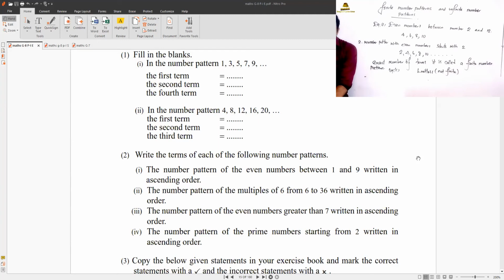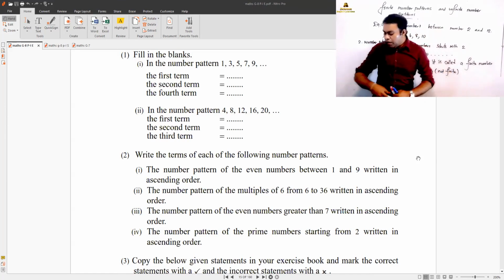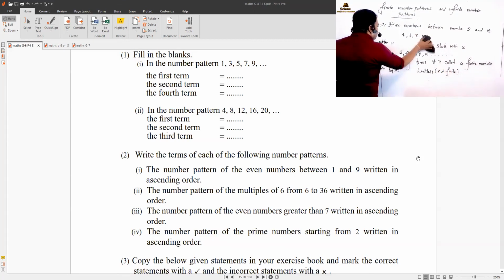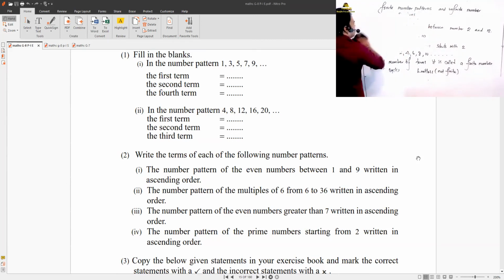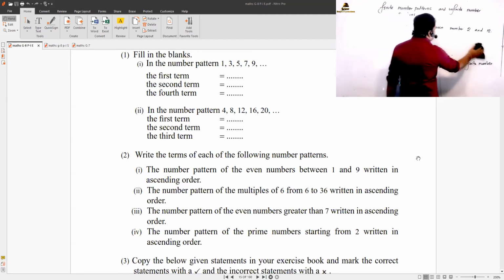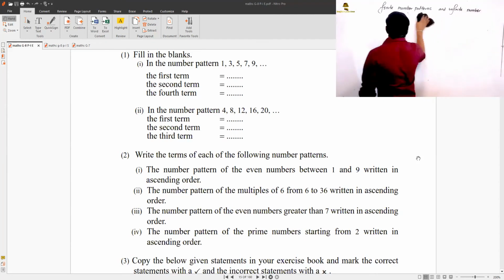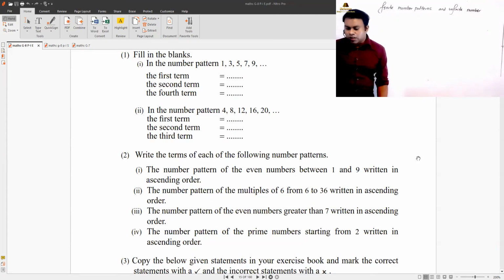So third one: the number pattern of the even numbers greater than 7. Greater than 7. Okay, let's do that. That's infinite. Yes, that's infinite.